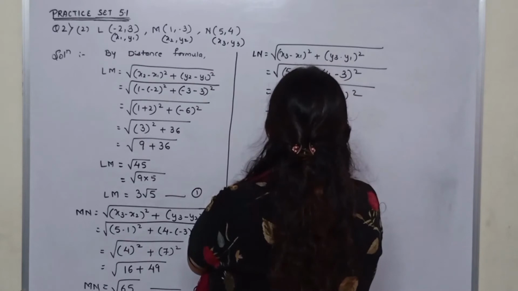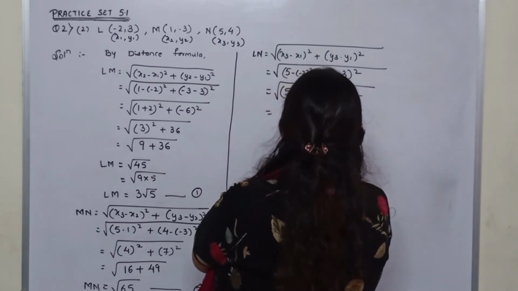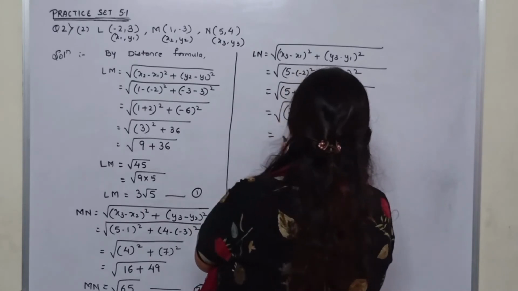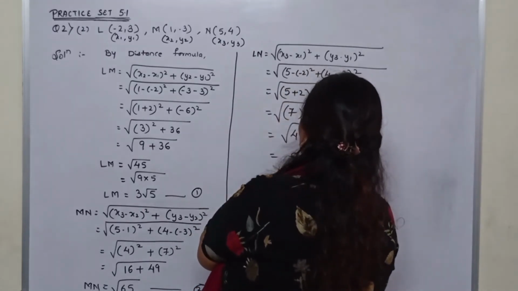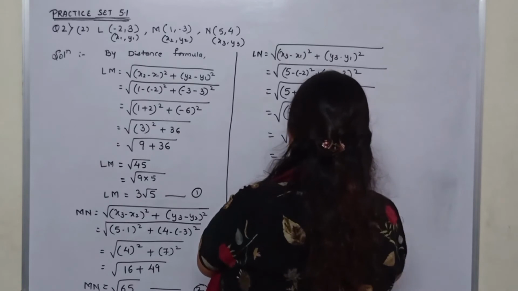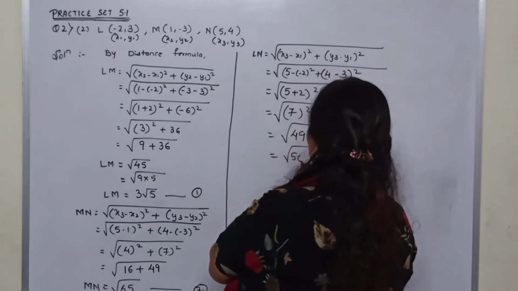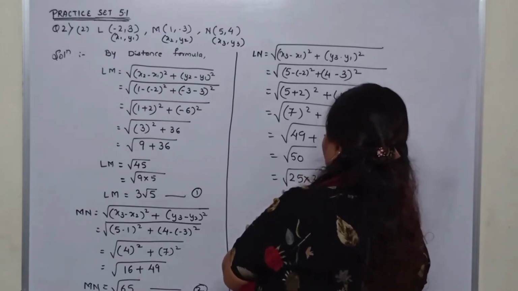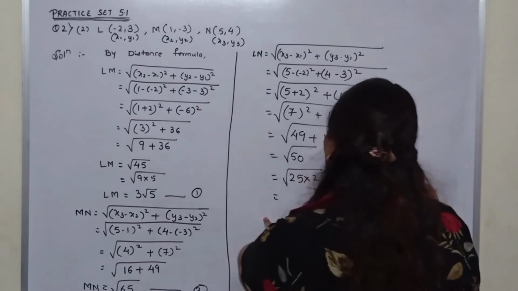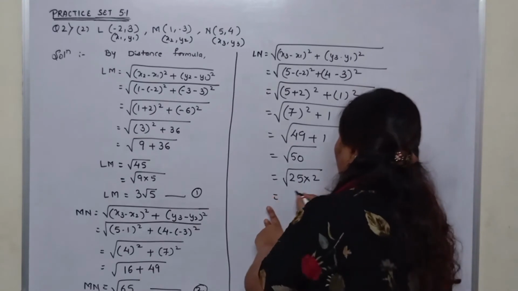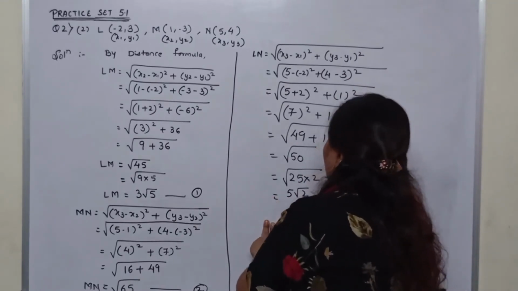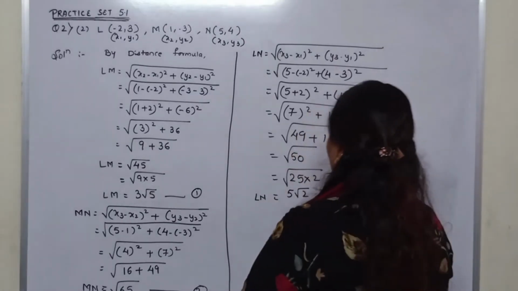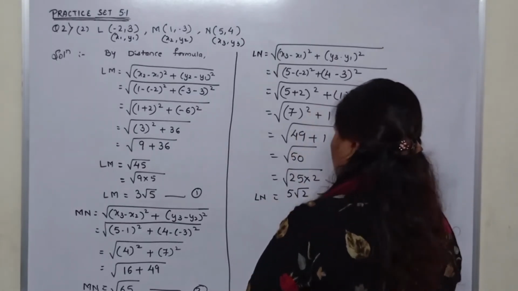So it is equal to 7 square plus 1. 7 7s are 49 plus 1 is equal to under root 50. We can take it as 25 2s are in root. So 5 will be out of the root and we'll get 5 root 2. LN equals 5 root 2. This is our equation 3.